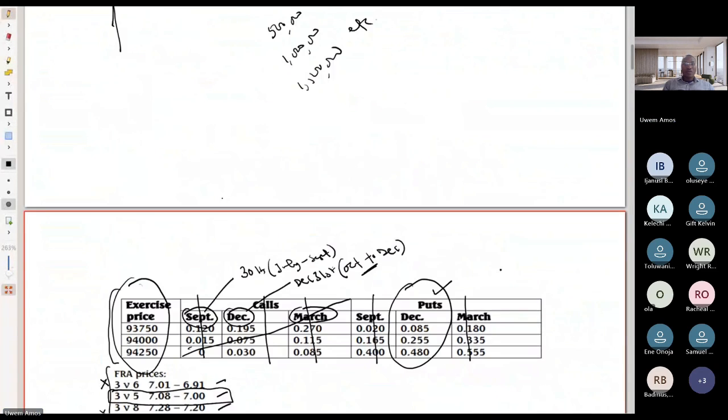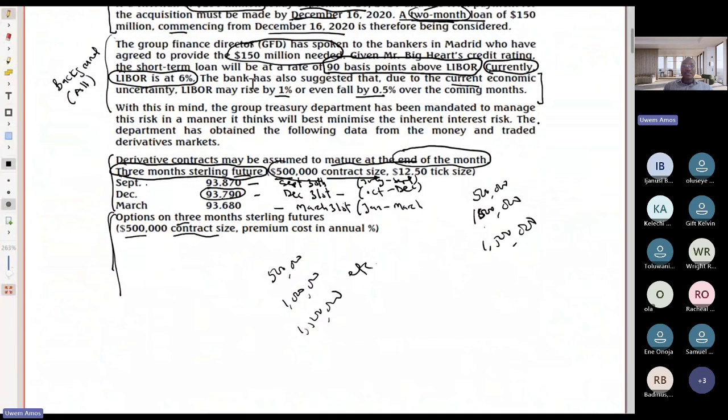You can see that under futures, the contract size was given to us as 500K. And coincidentally as well, under options, it was given to us as 500K. Sometimes ICAN might give you a different value. So just use the value that is applicable for what you are solving.